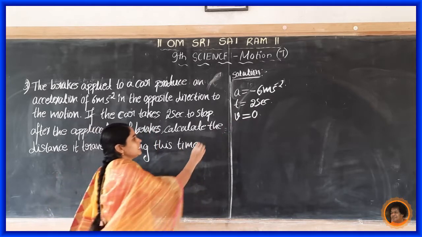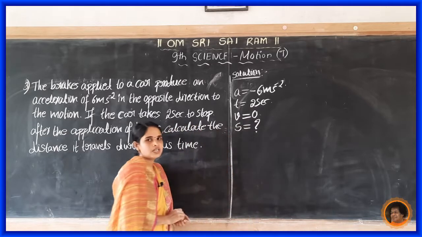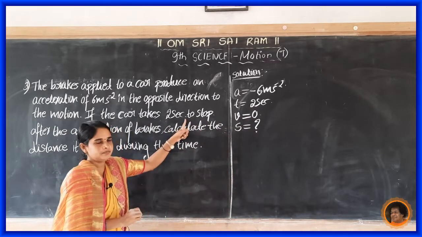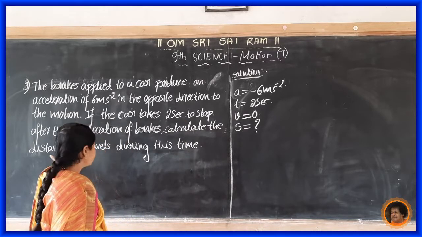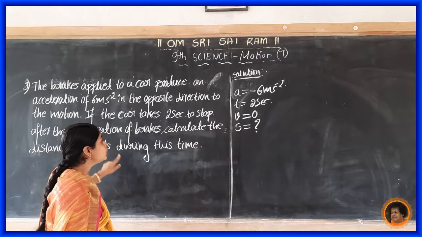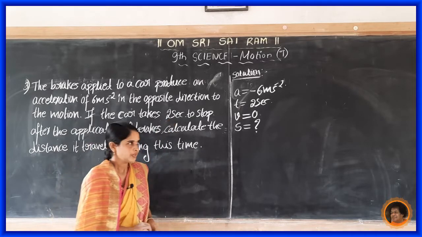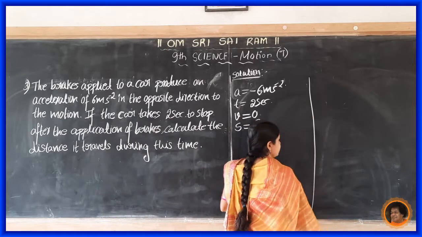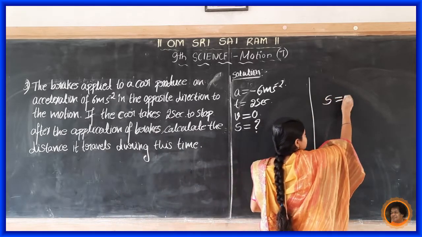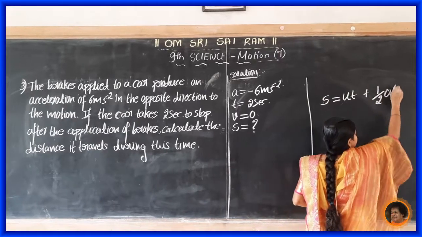So calculate the distance travelled in 2 seconds. This time means here 2 seconds. We know the distance travelled formula: S equals ut plus half at square.